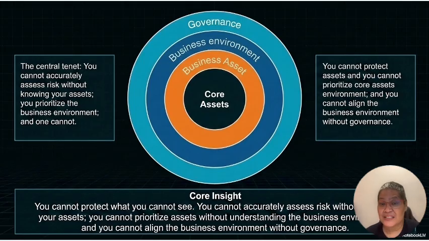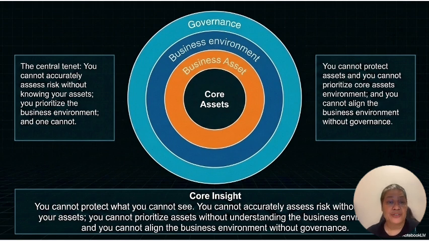And you cannot assess the risk if you don't know what your assets are, right? You cannot prioritize what assets are important without understanding how the business operates, the business environment. And finally, you cannot align that business environment without the center of gravity, which is governance, right?